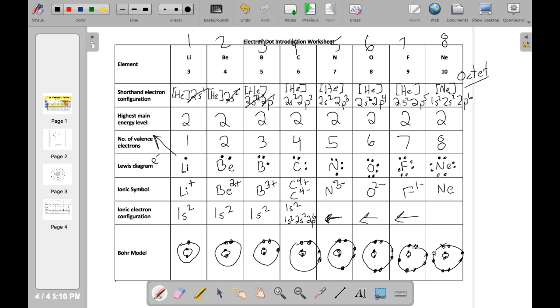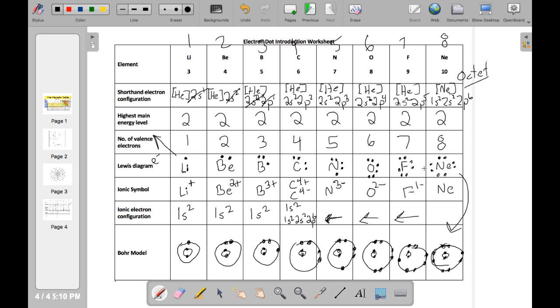Okay, so if you think about it, these are sort of like abbreviated Bohr diagrams, except they only show the outer energy level. They don't show any of the electrons in the inner energy levels, which when we're talking about bonding, and now we're going to talk about covalent bonding, that's really all we need to worry about. So that's why we're not really doing Bohr models anymore. We're looking at just the valence electrons.